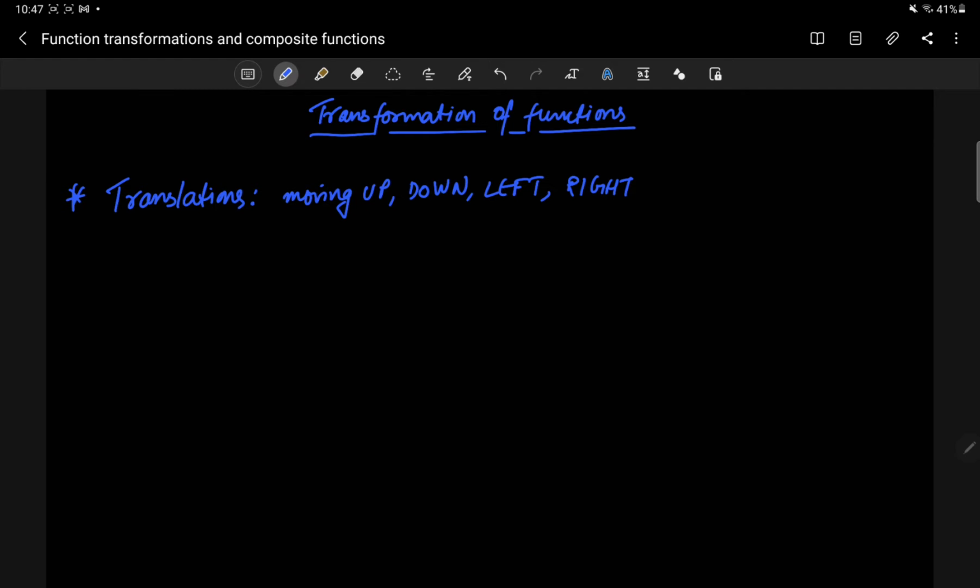That's one way in which you can transform an object. The second one is reflections, right? So you can reflect about certain lines and think about what happens. The third one is stretching and shrinking.